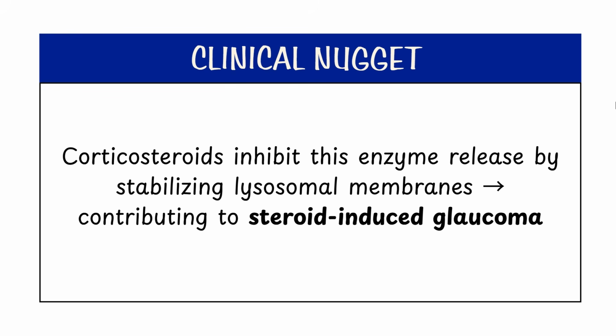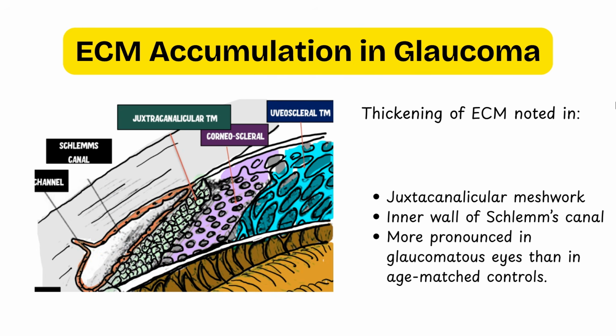However, when a patient takes corticosteroids, and this happens more so in patients who are responsive to steroids, corticosteroids basically stabilize the lysosomal membranes, and these hydrolytic enzymes will not be able to come out. And what happens? The glycosaminoglycan composition goes up within the trabecular meshwork, leading to increased hydration and increased resistance, leading to steroid-induced glaucoma. Okay, so that's a clinical nugget for you.